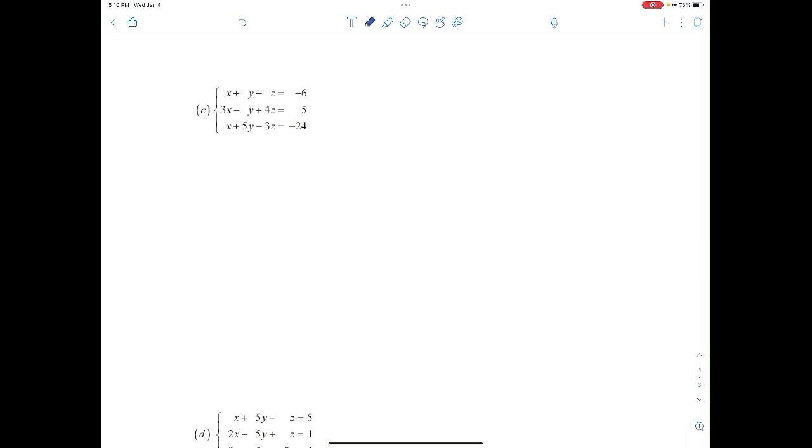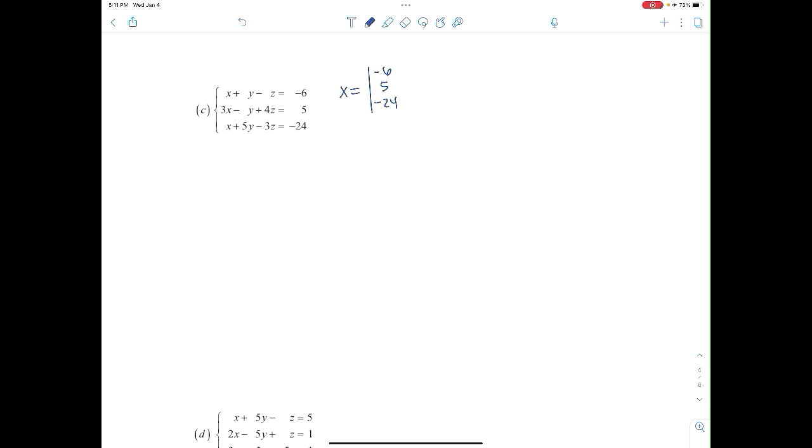Okay, now let's use Cramer's rule for 3 by 3s. So we'll do x equals, and the same thing, we're going to replace the x with the solution, -6, 5, -24.